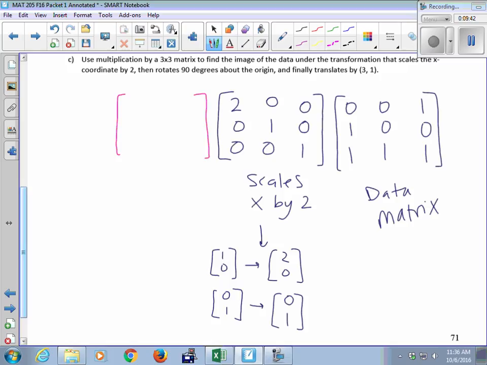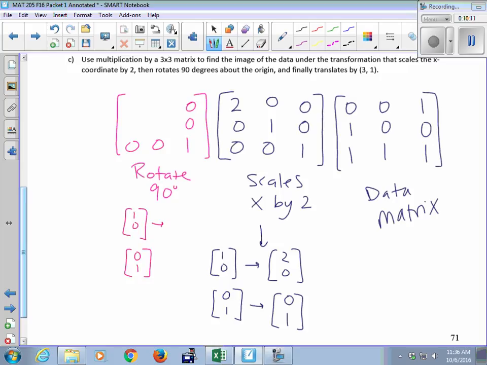I'm just going to switch colors so we don't get confused here. This matrix is going to be my rotation. Okay, so again, as long as you're not shifting, this is a linear transformation. So we set it up by making the L. And then we put in the standard matrix, what happens when you rotate 90 degrees about the origin. Okay, so I need to know what happens to 1, 0, and what happens to 0, 1.